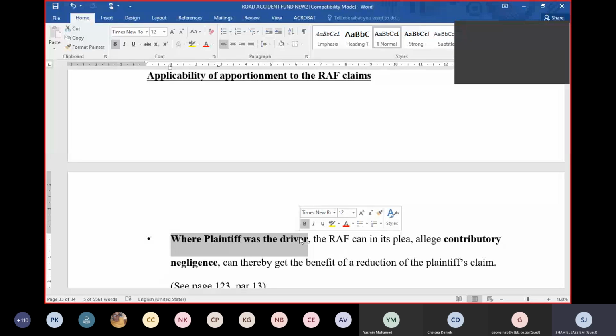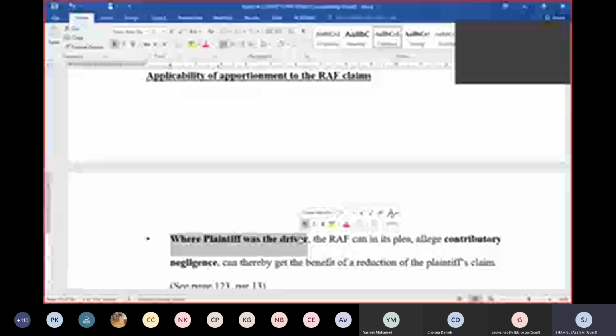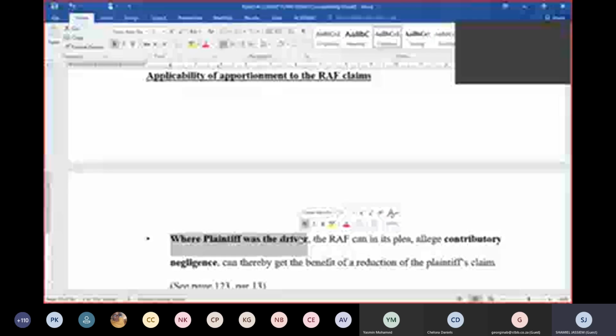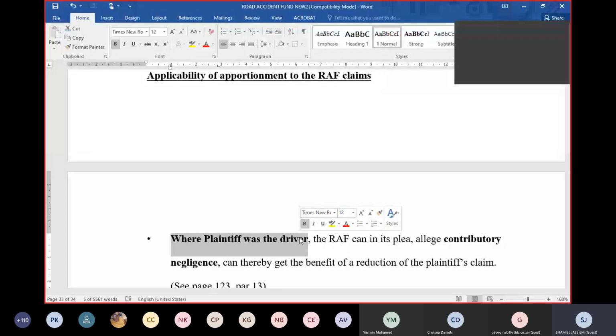Yesterday we mentioned the passenger must show 1% blame on the part of the other driver. So it's easy for her to show that 1% because we both failed to stop. So the plaintiff is my wife, the RAF is the defendant, and the defendant will step into the shoes of driver B. So driver B in this example is the insured driver for RAF purposes. Driver B is the common law wrongdoer, who is also referred to as the insured driver.